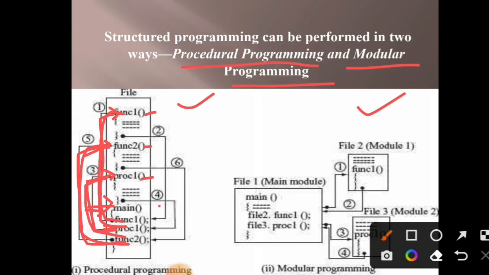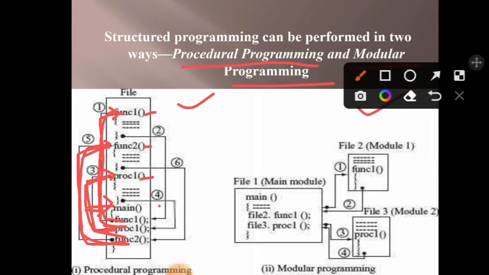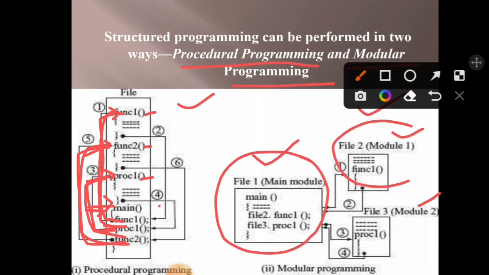Next, let's see modular programming. Here the whole problem is divided into three modules: module 1, module 2, and one main module. Each will be stored in a separate file, so three files. First the main function is executed.